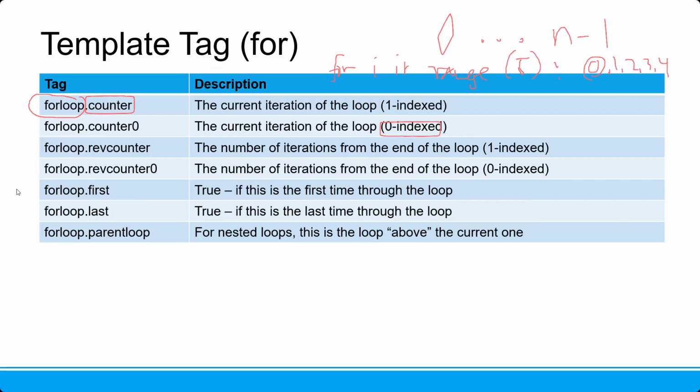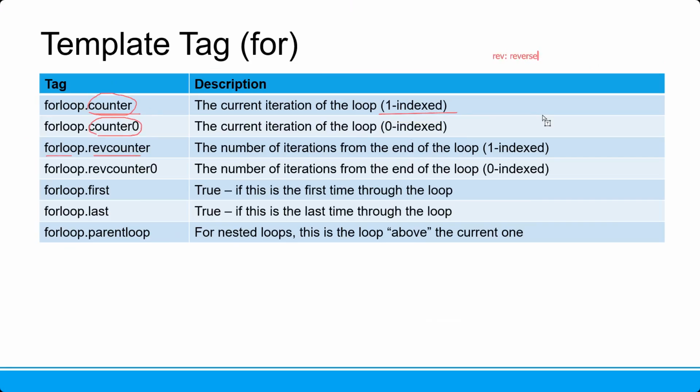But in the template tag, there are some options. If you want to start your index from 1, then you use counter. If you start the index from 0, then you use counter0. We also have revcounter. Rev means reverse.